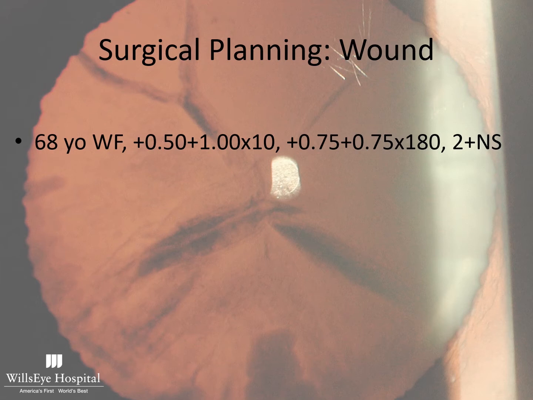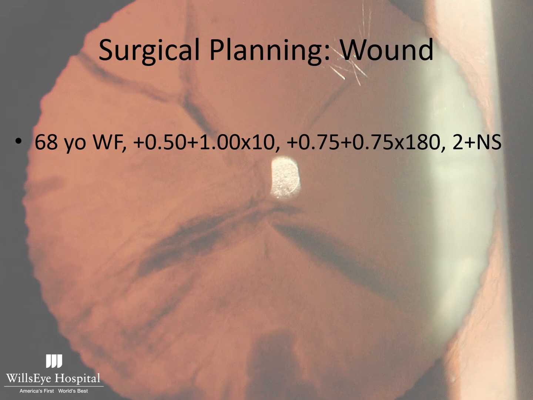In general, if your wound is temporal or within 5 degrees of temporal, you're going to minimize your surgically induced astigmatism, which typically is on the order of 0.1 to 0.2 diopters if you're using a 2.4 millimeter wound, although that's variable depending on surgeon technique and can be calculated.